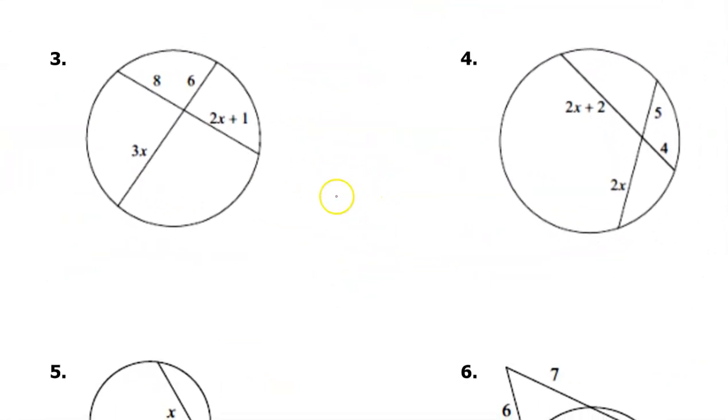Problem number 3. Let's go ahead and look at this chord first. So we're going to have 3x times 6 is equal to, now let's look at this chord, and we're going to have 8 times 2x plus 1. So again, we're doing part times part is equal to part times part.